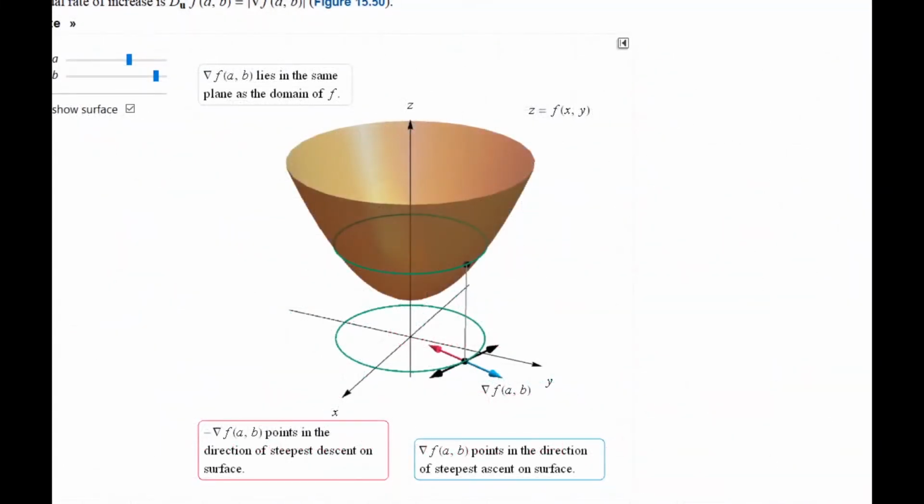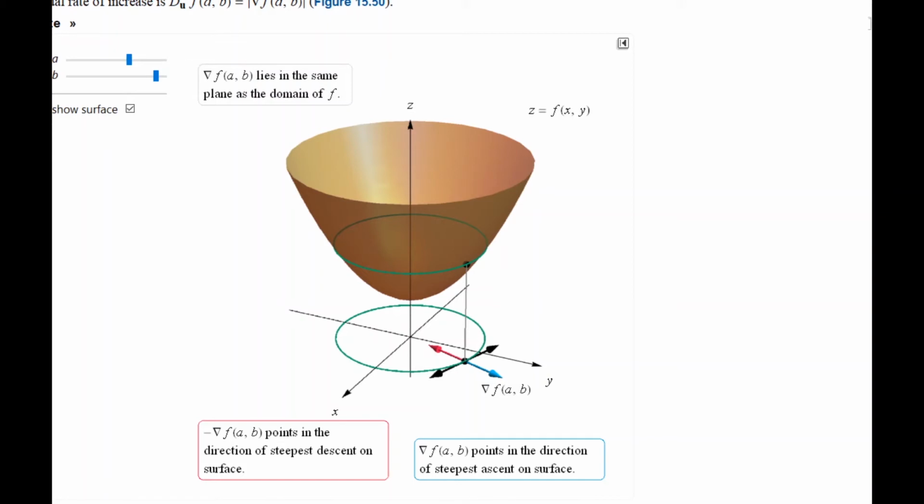So to get a better idea, take a look at this visualization here. Notice on the xy plane that we have this green level curve. That green curve there is a level curve, and the blue vector that you see there is the gradient, and the red vector is minus the gradient.